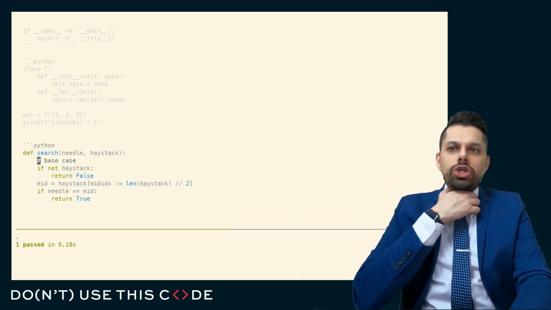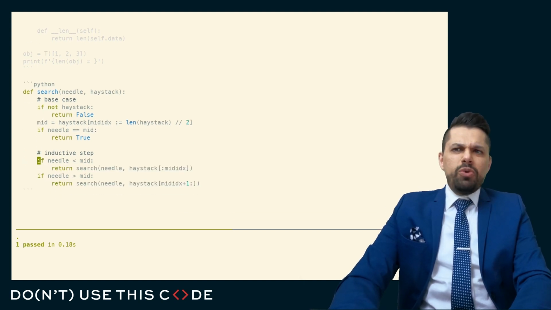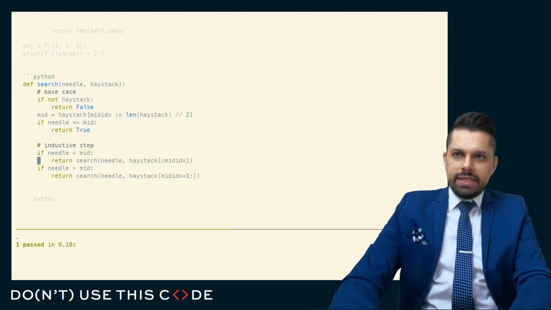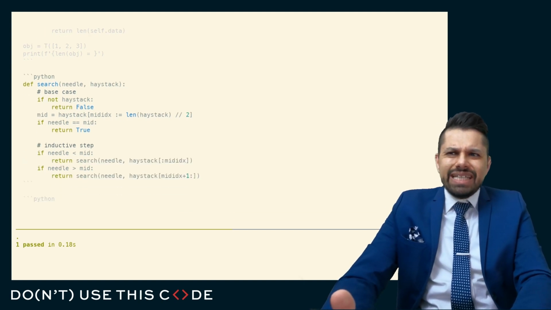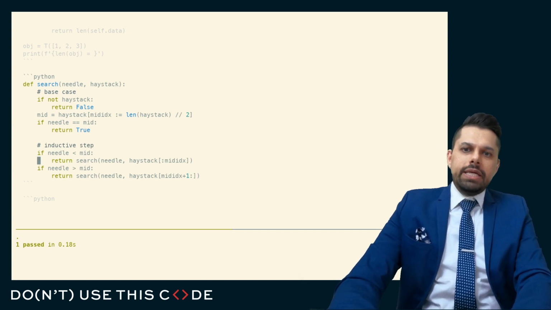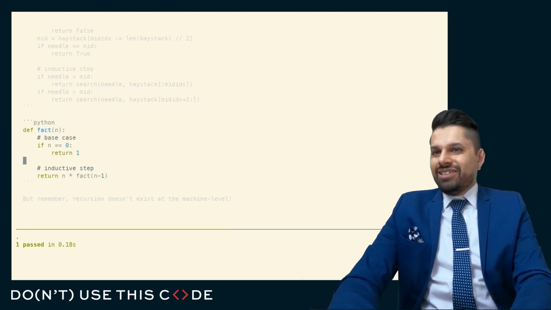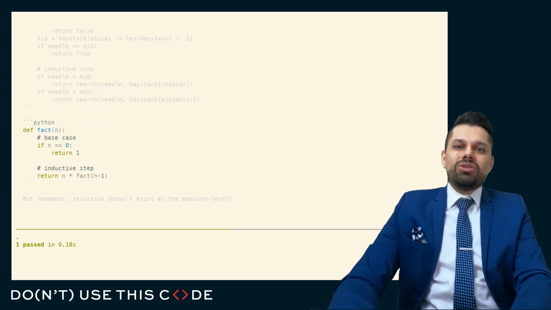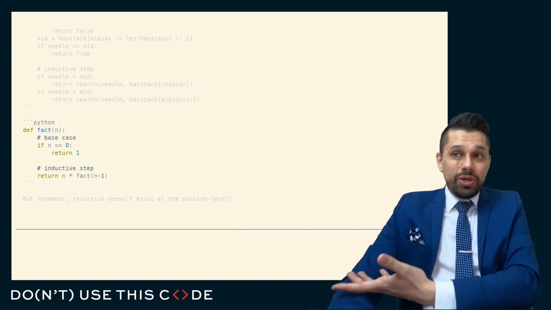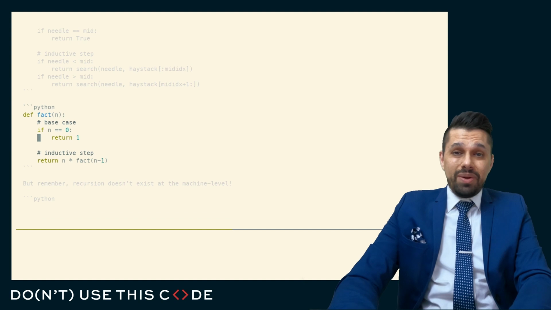Now, if we return to our binary search, and we see very clearly this base case and this inductive step, well, how does that really help us with anything? Well, being able to spot this pattern is going to be key to another transformation that we want to be able to do. Because there's a lot of really trivial recursive problems that we can write up and we can solve. Factorial is another one. Here you can see very clearly the base case and you can see the inductive step.